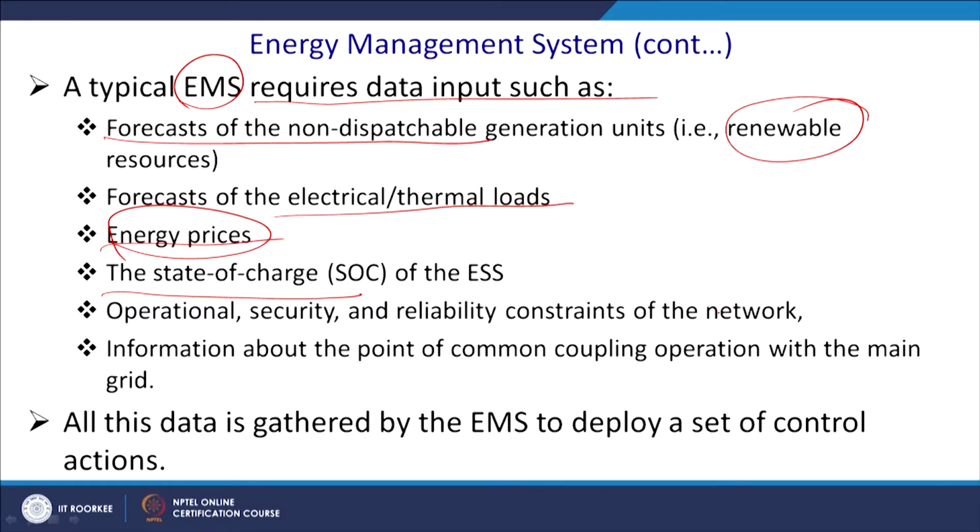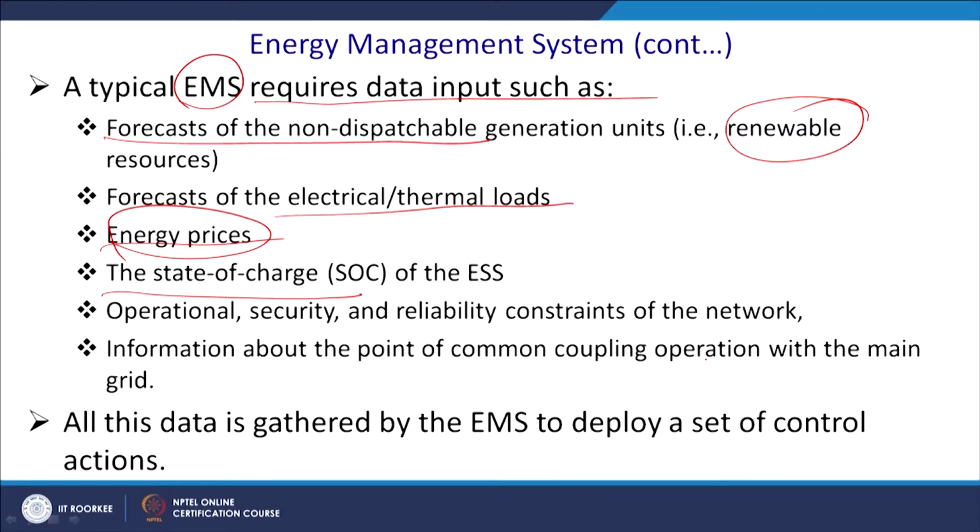So, it should not be hacked by hackers or terrorists, so that all those problems do not come up and mess things up. Information about the point of common coupling at the main grid also has to be known.